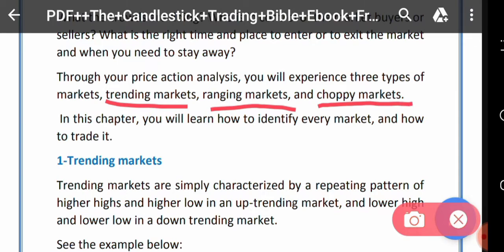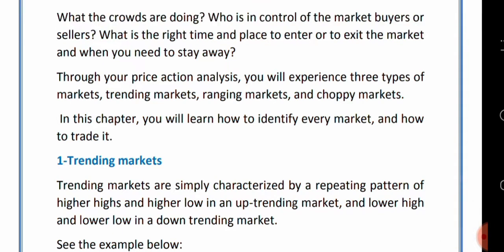Obviously, as you can see, there are three types of markets that we will encounter on the charts, and there will be different approaches to these markets. Obviously, you won't want to trade the same way you trade on the trending markets. You won't want to do the same on a ranging market or a choppy market. Otherwise, you will lose your trade.